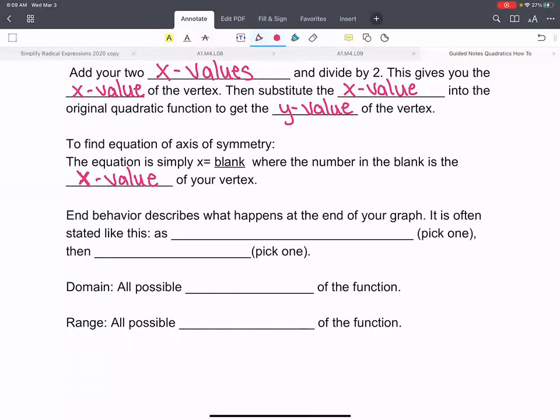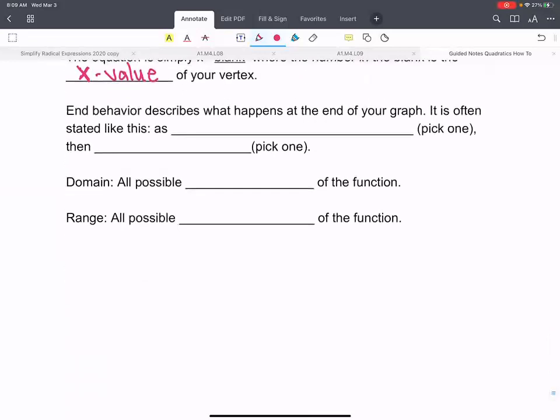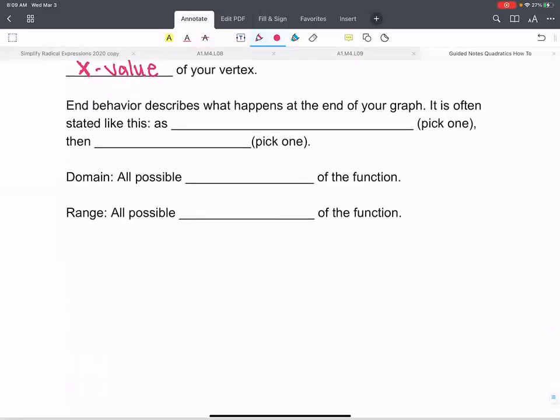And then finally, everybody's favorite, end behavior. End behavior describes what happens at the end of your graph. It is often stated like this: as x increases or decreases, you're going to pick one depending on what's happening. As x increases or decreases, then y increases or decreases.